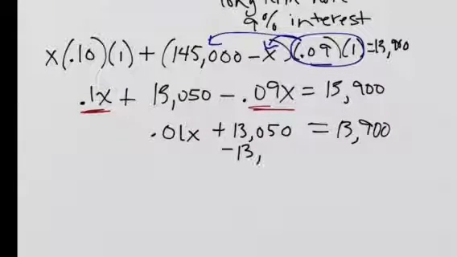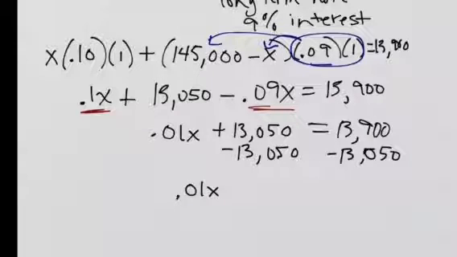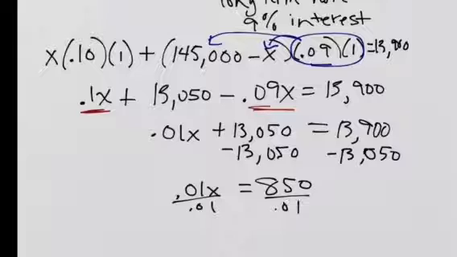Subtract 13,050 from each side. So that gives us 0.01x is equal to, we end up with 850, and then divide both sides by 0.01. So x is equal to $85,000.